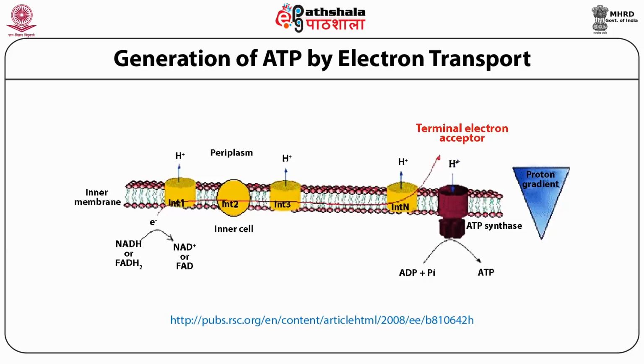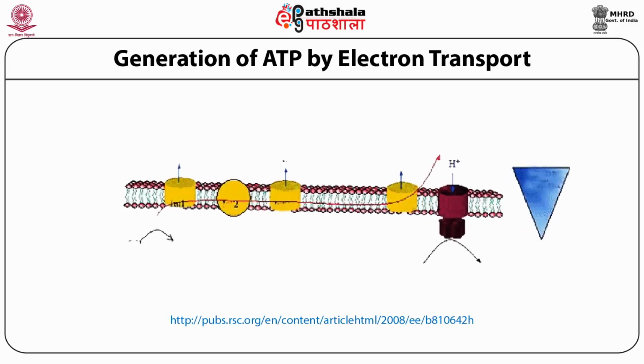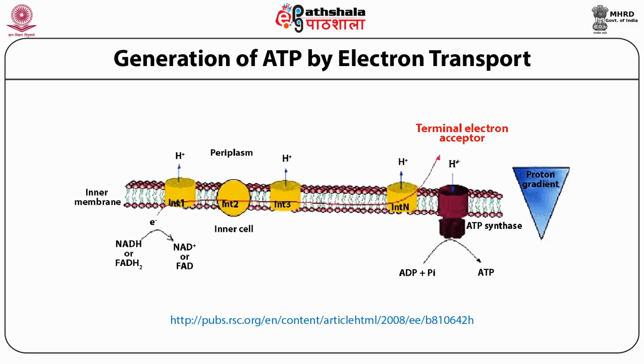Thus, at each junction in the chain of a hydrogen carrier and an electron carrier, a proton is transported out of the cell. The membrane is otherwise impermeable to protons. As a consequence, electron transport traps a portion of the chemical energy released by the net reaction on the chain in the form of a gradient across the membrane of protons and electric charge.